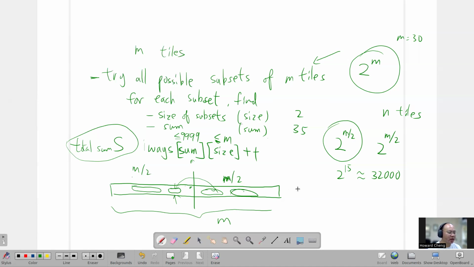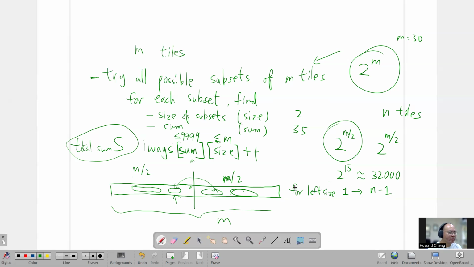But we can try for left size from 1 to n minus 1. Why 1 to n minus 1 and not 0 to n? Because I am forcing you to only consider subsets that require both sides. If it requires 0 on the left, then it only requires the right. So I only want to know the ones that require both sides.